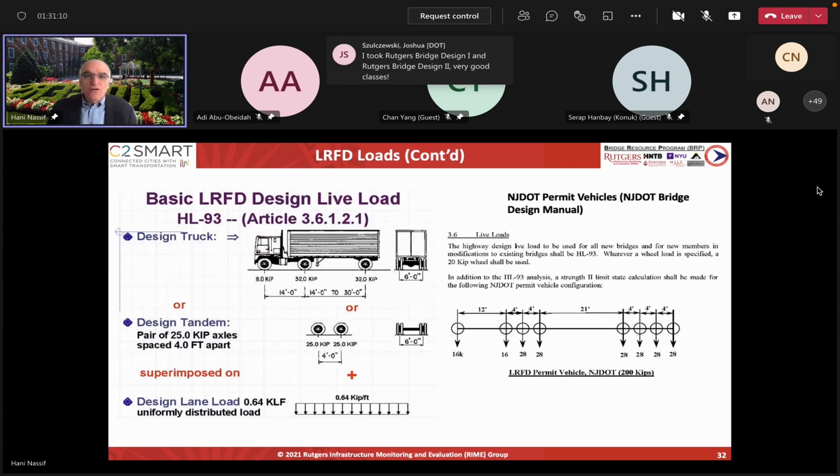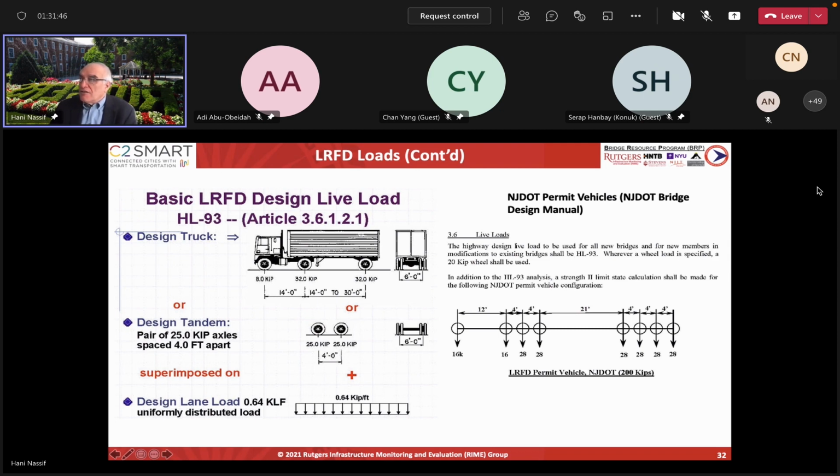For live load, as I said earlier, I'm sure you are all familiar with the HS20 truck, okay? And they had a variable, especially for fatigue purposes, to maximize the live load. And they had the tandem, which was the 25 kip, at 4 feet, which was usually used to represent a military load, like a tank or something like that, and then you have the lane load.